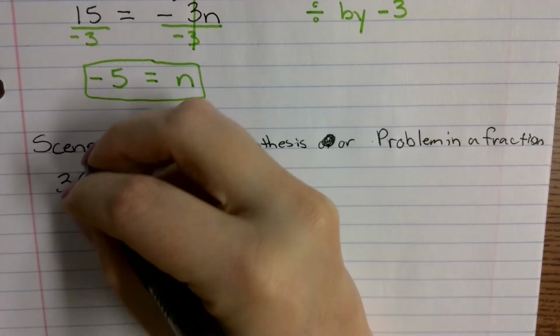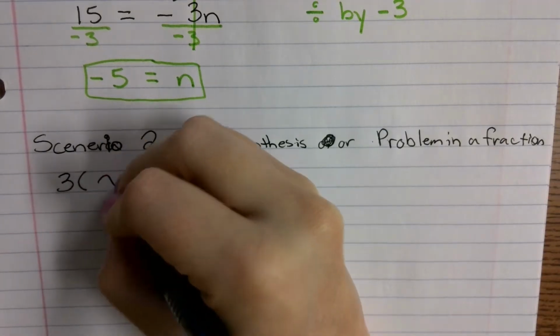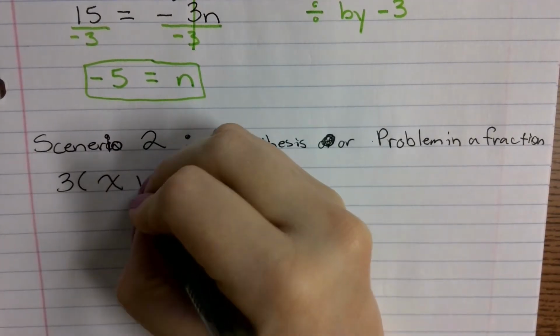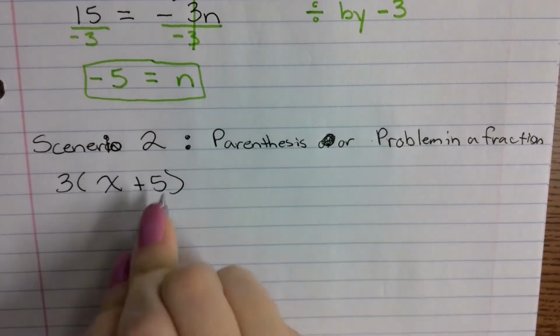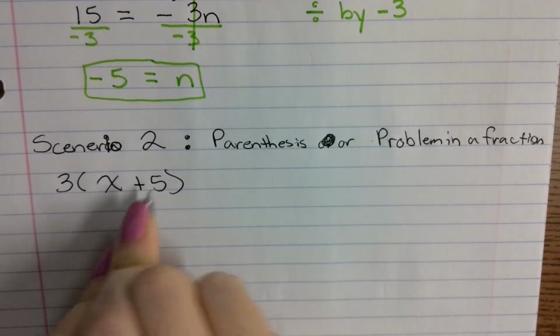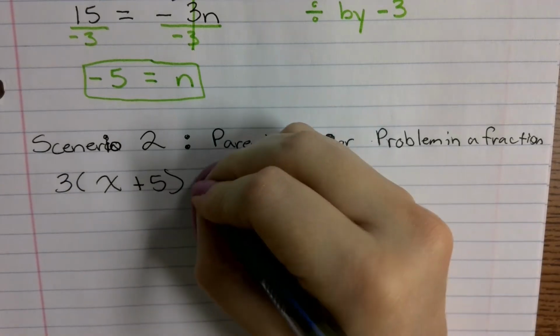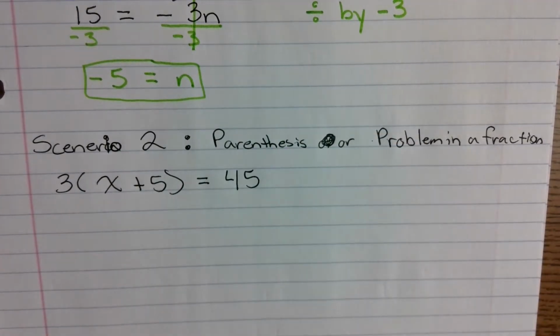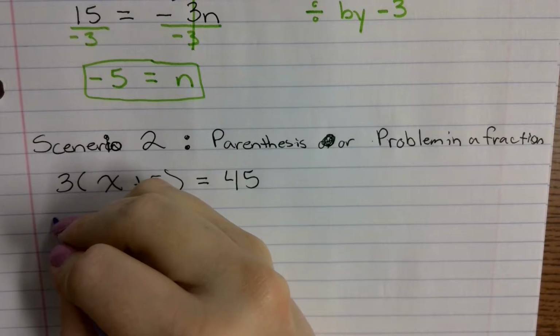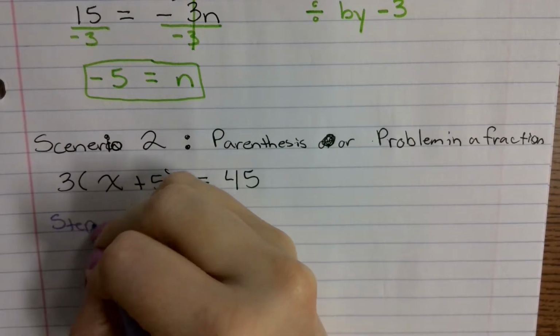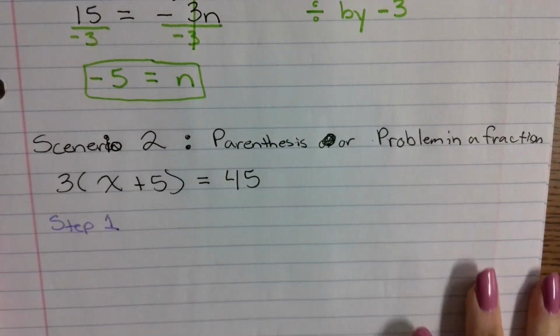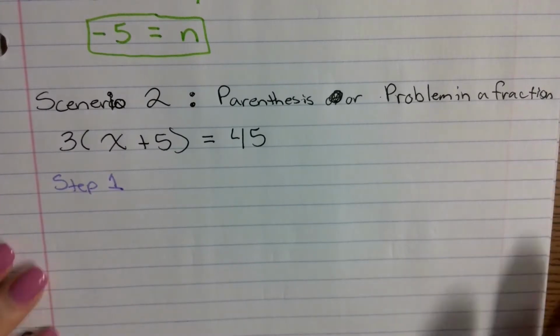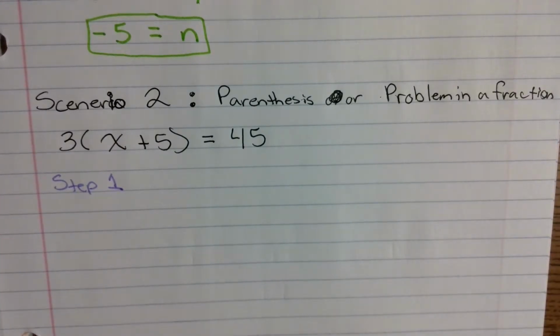So if we had a problem like 3 times the quantity of x plus 5, so x plus 5 is inside parentheses, the 3 is outside of it, and it equals 45. In a problem like this, your very first step, step 1, notice I'm doing these ones in purple and orange.